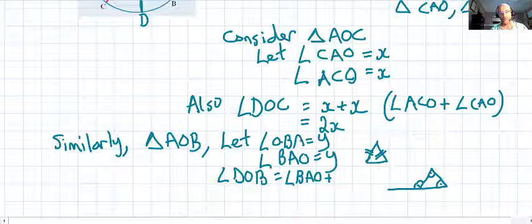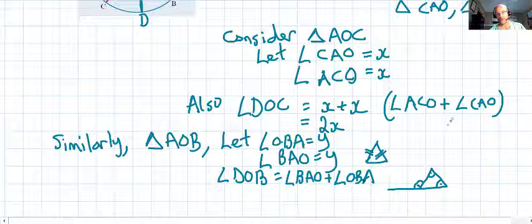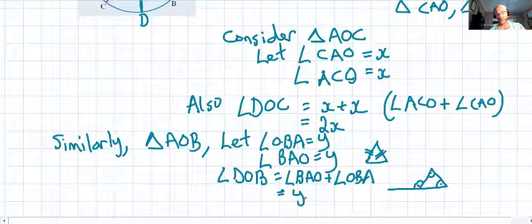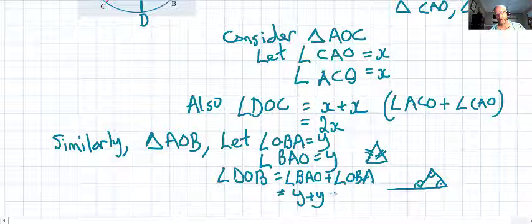It should be OBA, otherwise I would be talking about the same angle twice. So that needs to say OBA there. So we've got y plus y, which equals 2y.